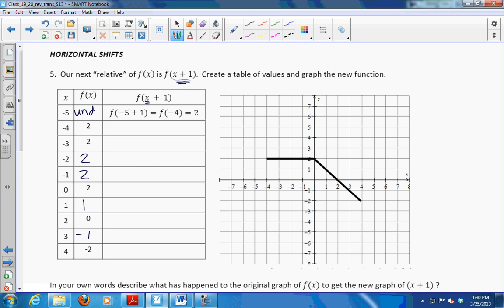I'm going to do f of -5 plus 1, and the order of operations says do that addition that's in parentheses first. So we take the -5 and add the 1, and we get -4. Then we can apply the rule f because that number, -4, is in the domain. You could not do -6 because -6 plus 1 would be f of -5, not in the domain.